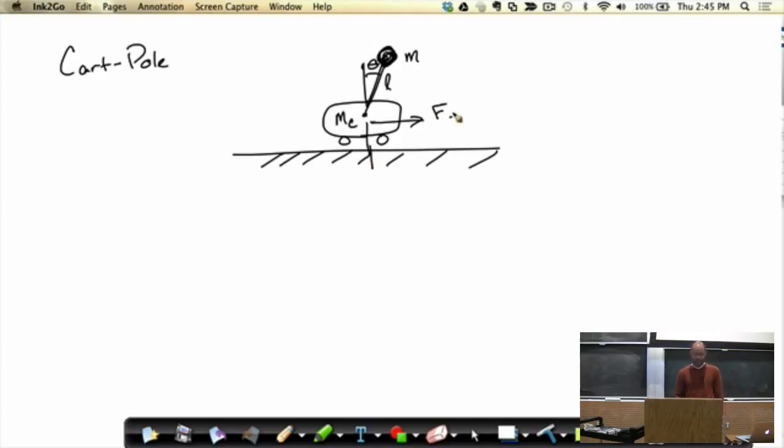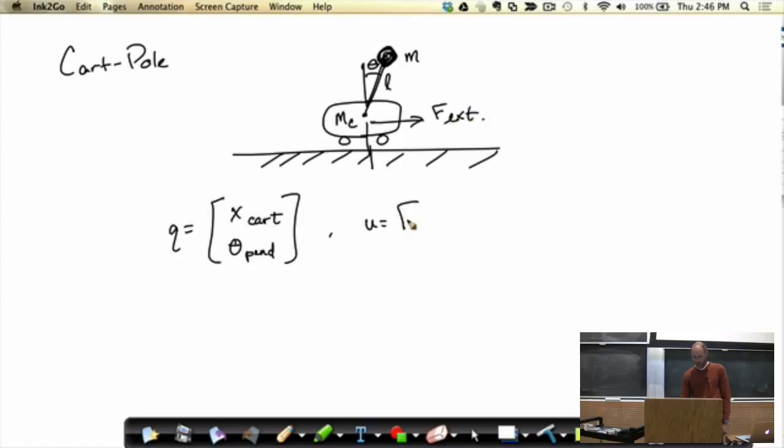So again, that's going to fit into our manipulator equations. This time we're going to use the degrees of freedom as the x position of the cart, and then the angle of the pendulum. And our control input u is going to be this external force on the cart.